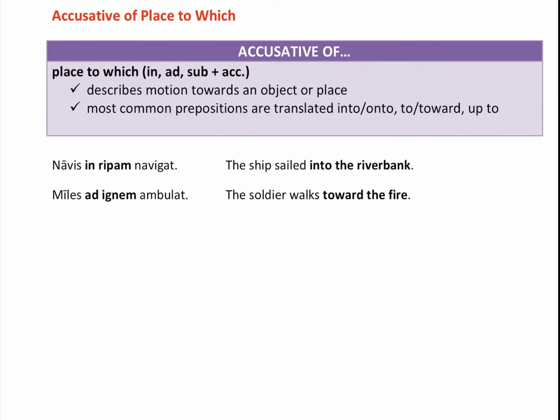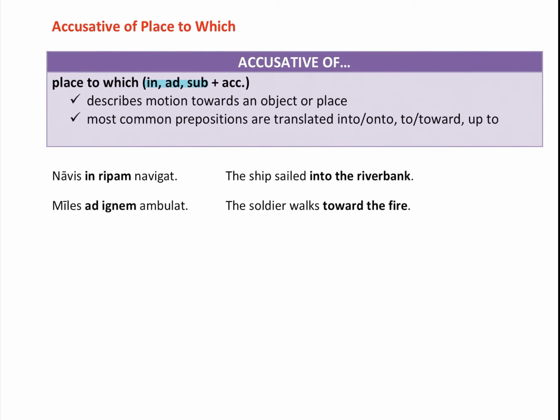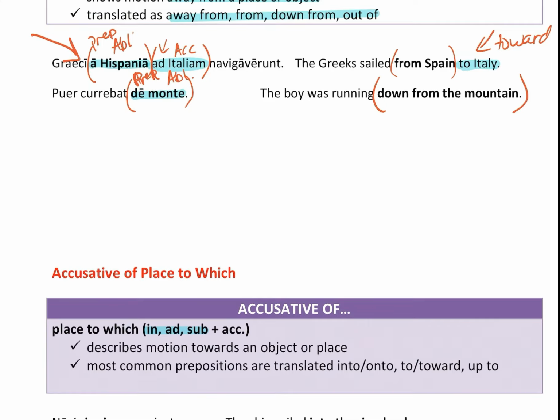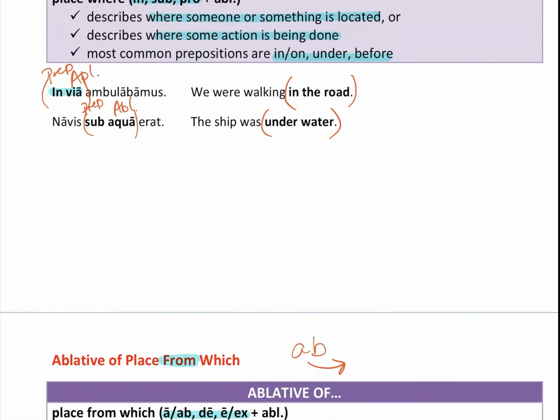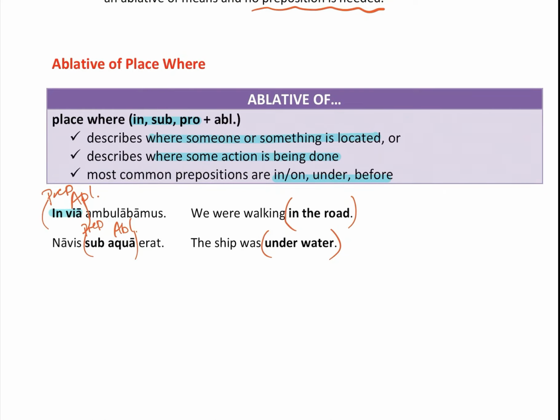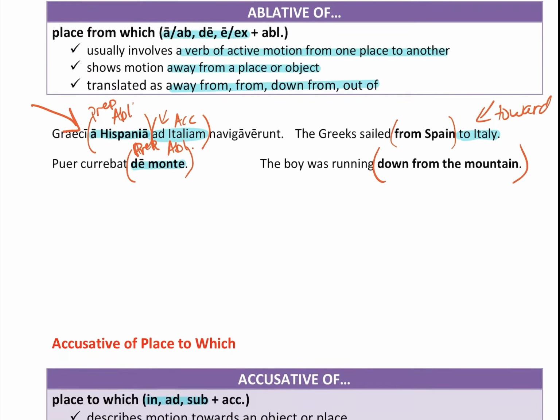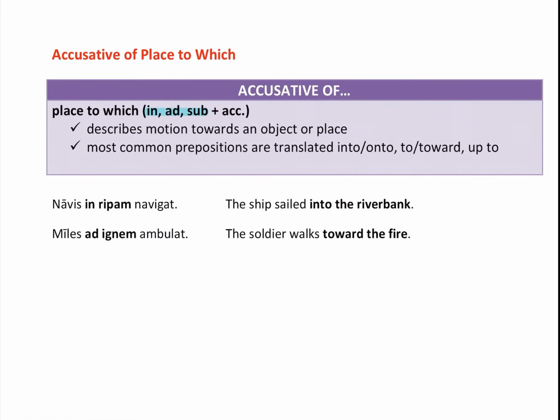Accusative of place to which. It uses the prepositions in, ad, and sub most commonly. Now notice they're really similar to the ablative of place where, but these are the accusative forms.